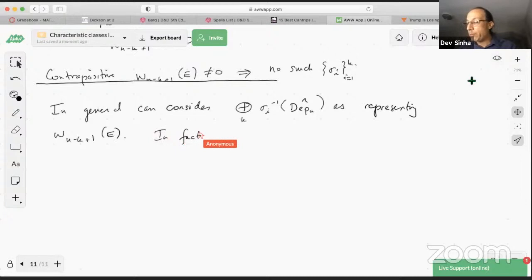In fact, I claim, but I won't prove for you, and we're trying to avoid this, that this works as a cochain, but it is singular. I didn't want to develop Thom cochains for singular objects.